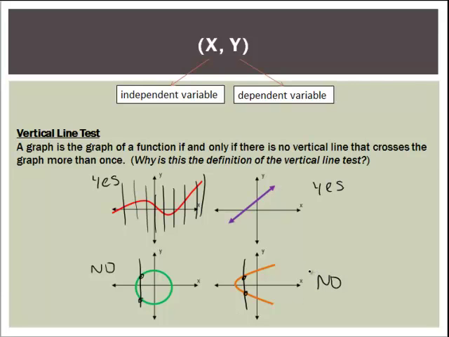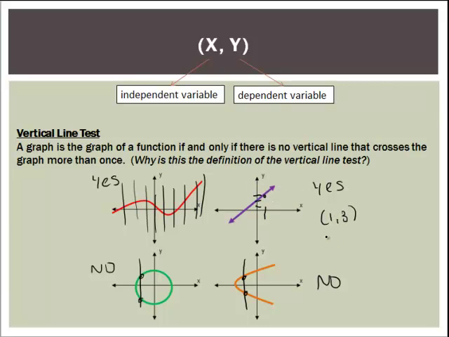So why is this the definition of the vertical line test? Well, let's just plot a couple of points. Let's say that this is 1, 3, we'll pretend. That's the point (1, 3).